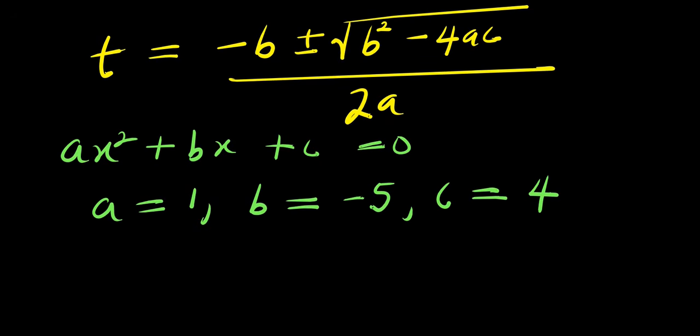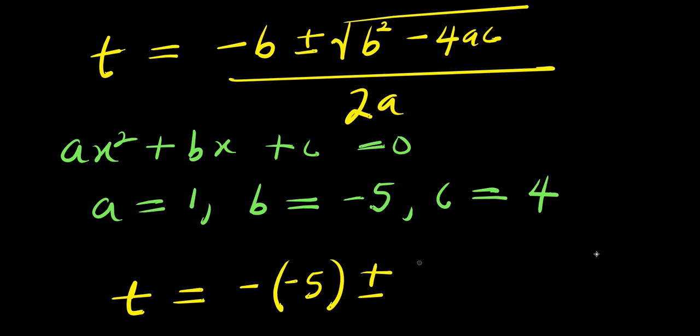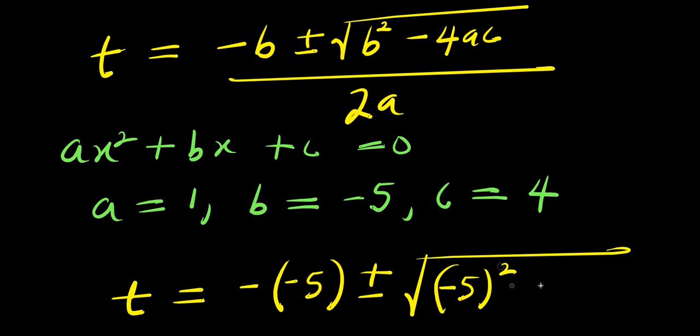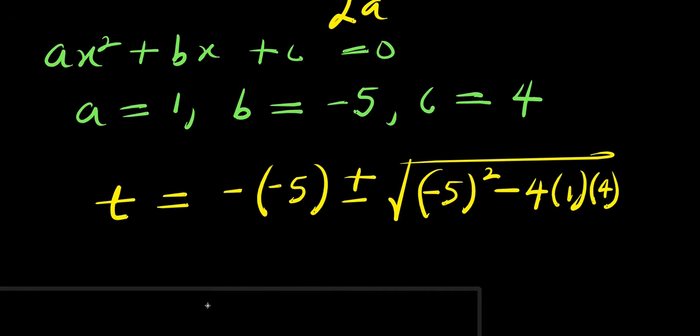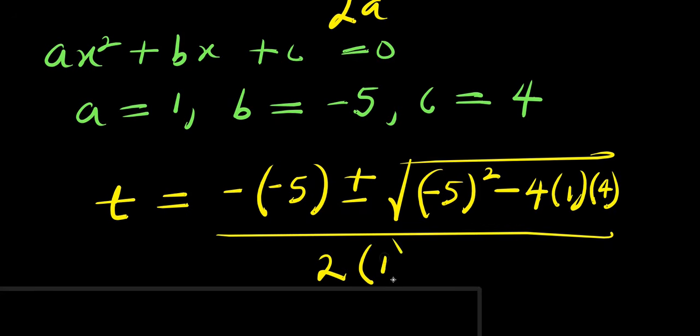So we insert it into this particular equation. t equals negative b, that is negative times negative 5, plus or minus square root of b squared, negative 5 power 2, minus 4 times 1 times 4, that's 4ac, divided by 2 times 1.